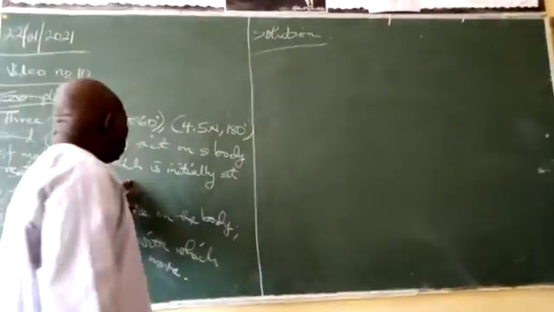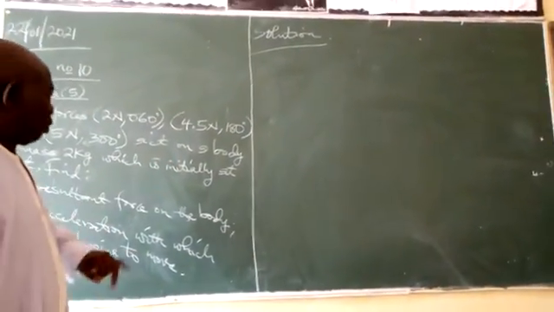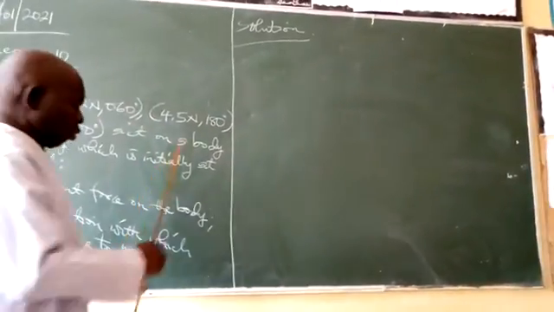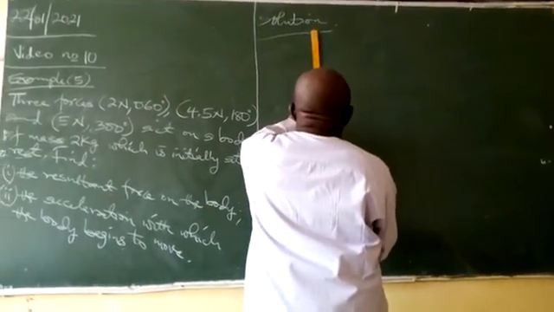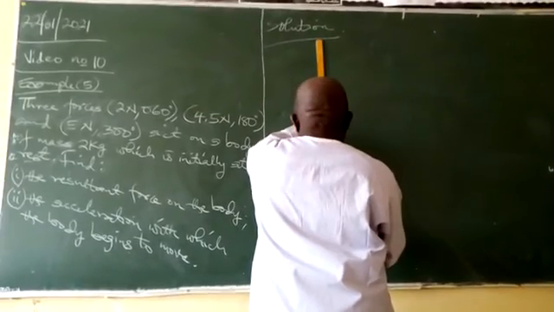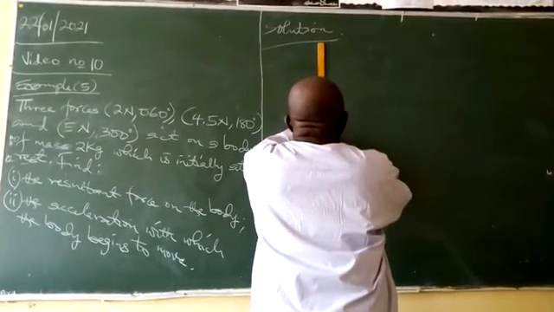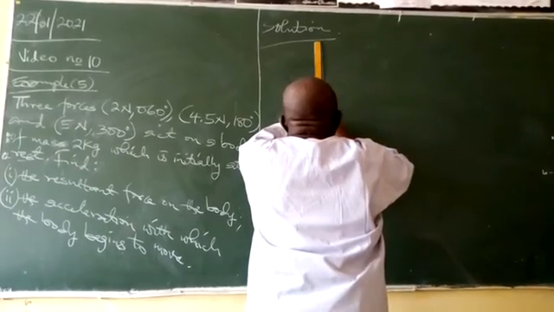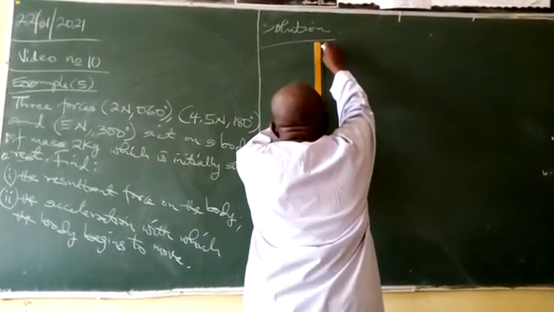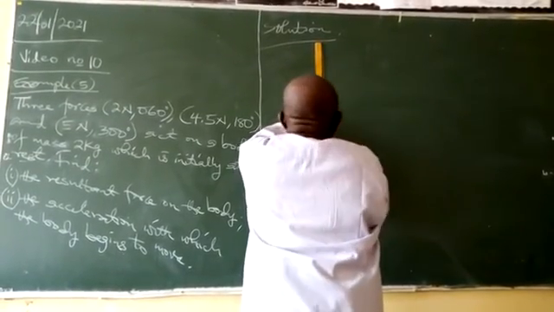So the first thing we do now is to draw the force diagram using the information provided. We start by first of all drawing the coordinate system, that is the x and y axis.